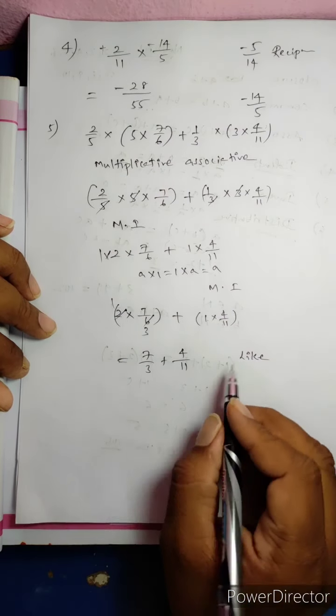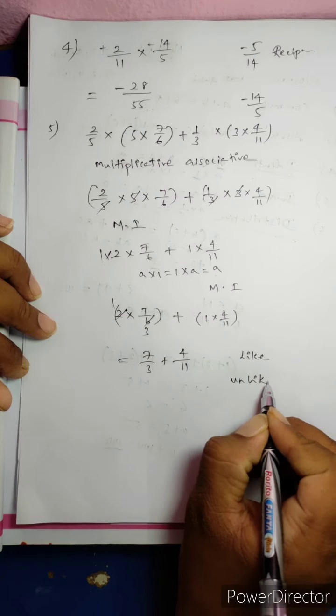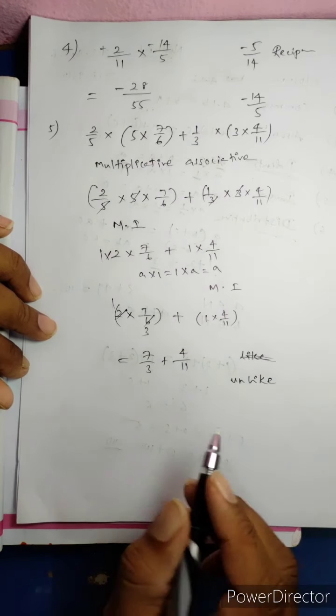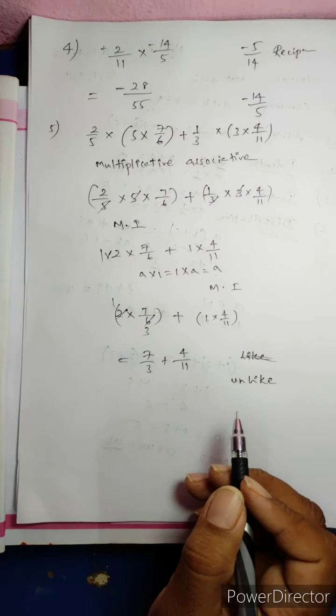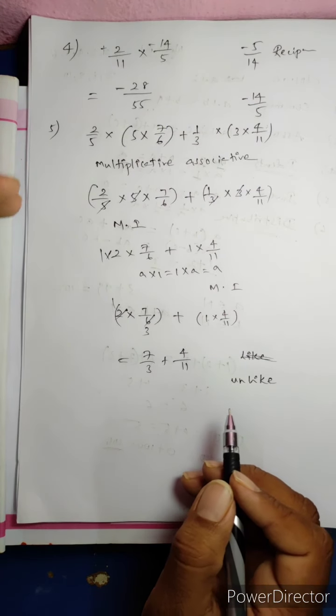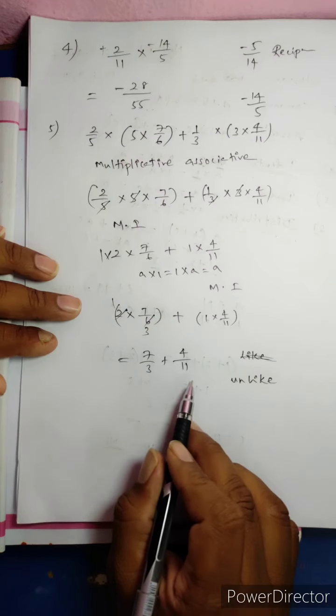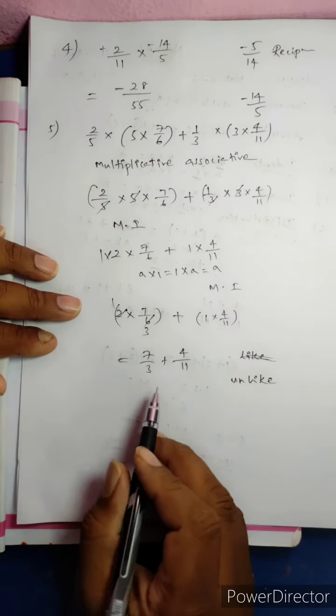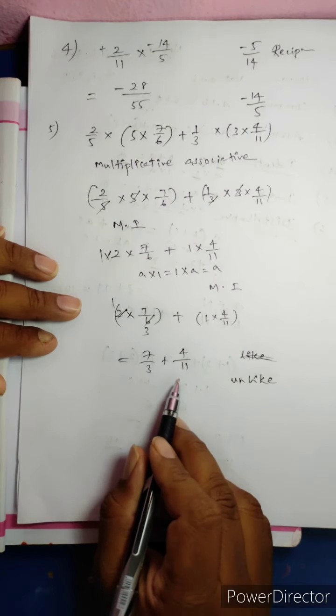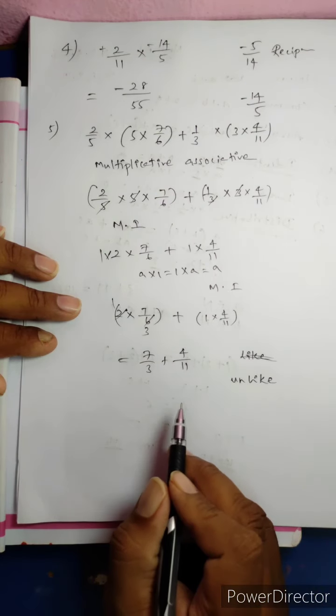These two are unlike fractions. First convert them into like fractions. How can we convert these two unlike fractions into like fractions? First, change their denominators to the same denominator.